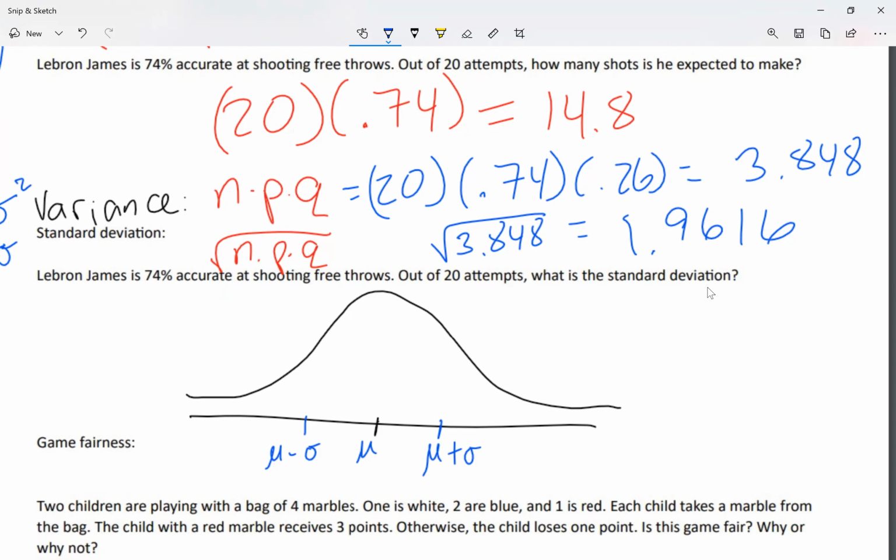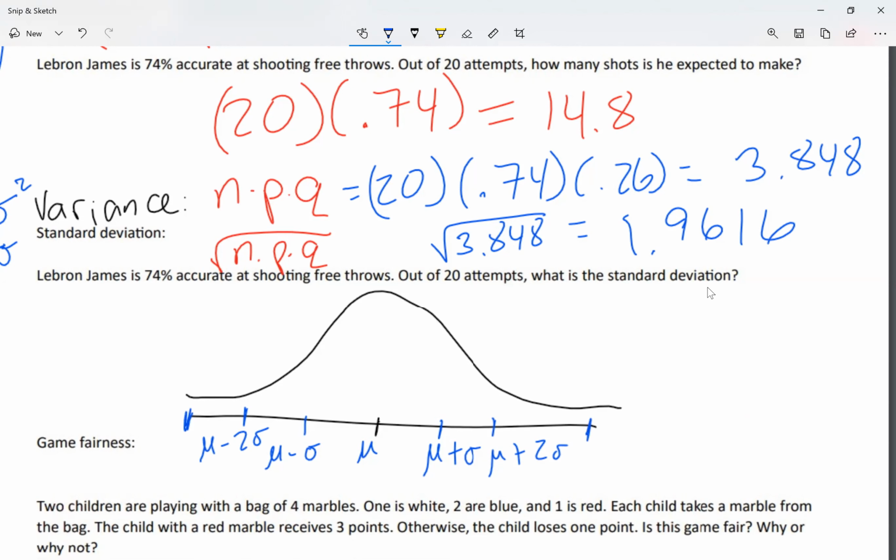And then I said, well, what if I increase my bracket here? What if I go mu minus 2 standard deviations, and on the right I go mu plus 2 standard deviations? Well, remember I mentioned that is 95% of our population, 95% of our data. And then I increased it more.